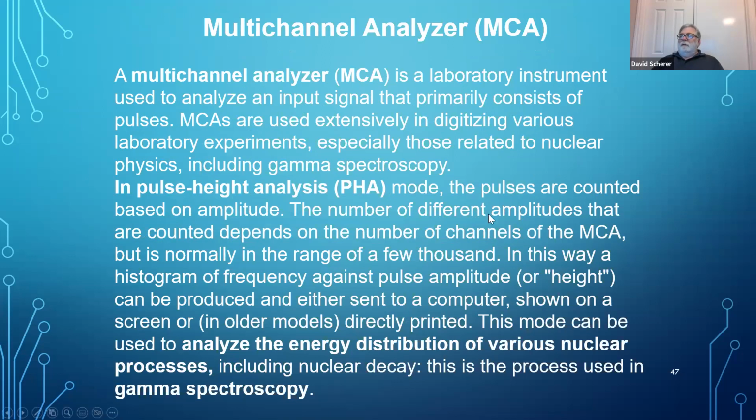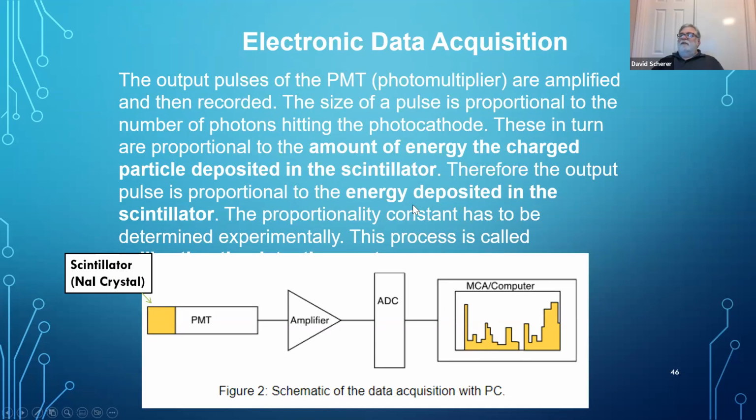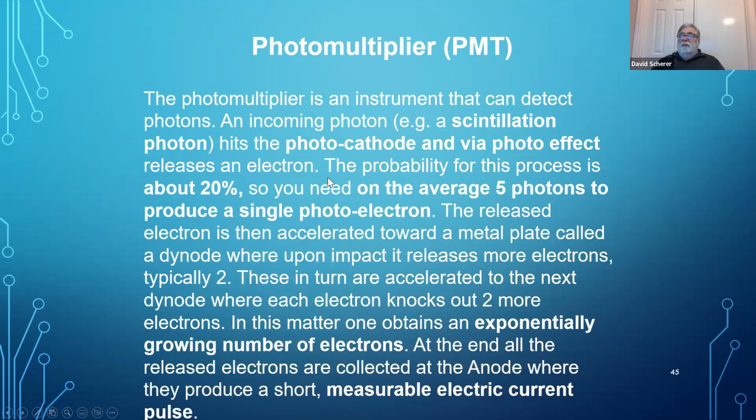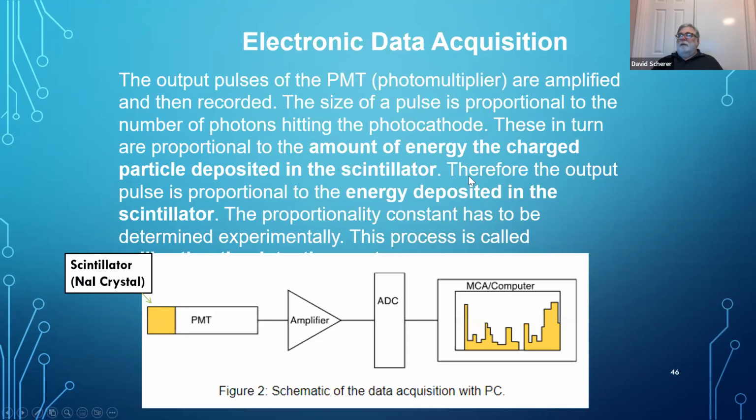This device is called a multi-channel analyzer. It logs the number of events that take place at different voltage heights, and that's how we get the data as a result.